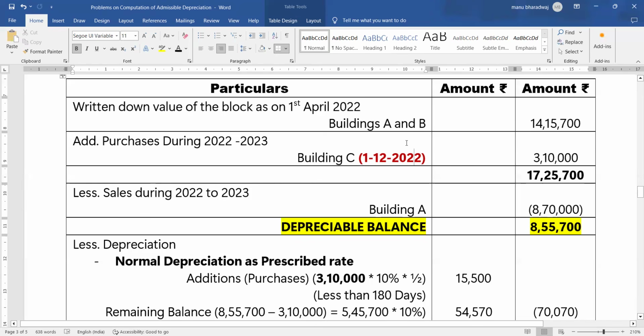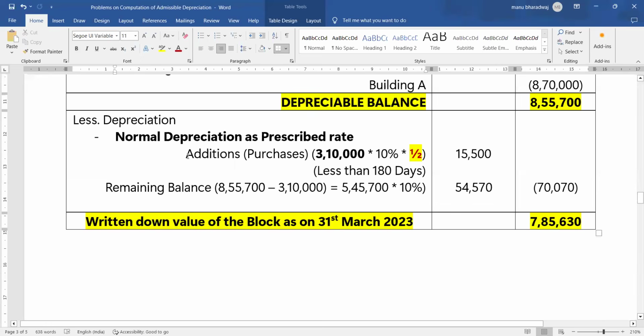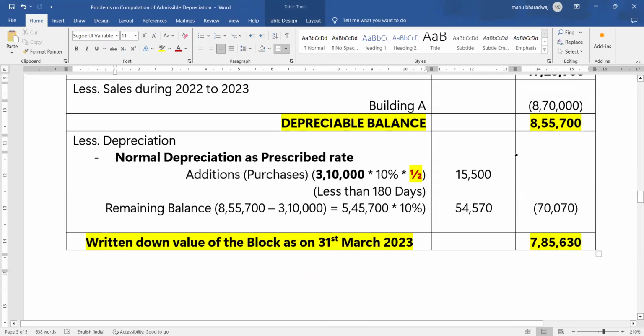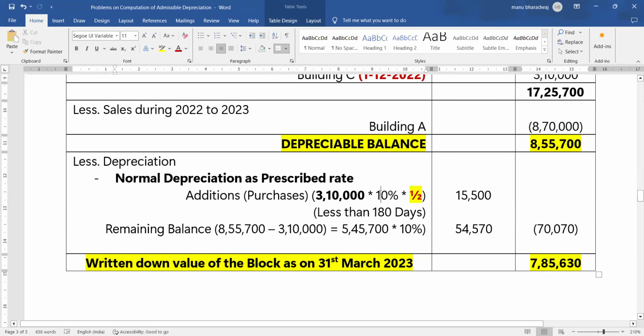So since it is used less than 180 days, meaning less than half a year, we cannot charge full depreciation. So only half depreciation is charged. That's the reason we are charging half depreciation, and that is only on additions. So the total value is 3 lakh. 3 lakh into 10% is the actual rate of depreciation, but we will take only half.